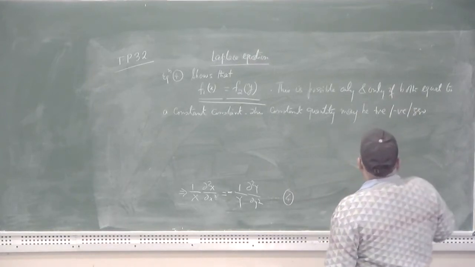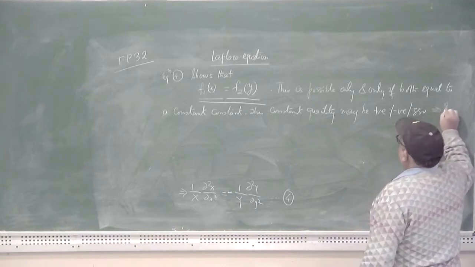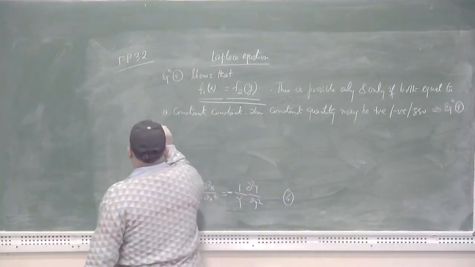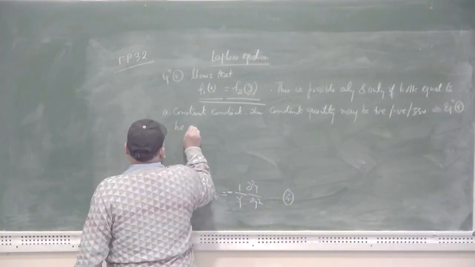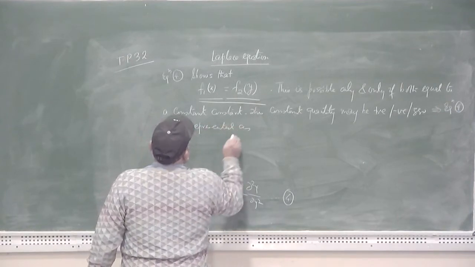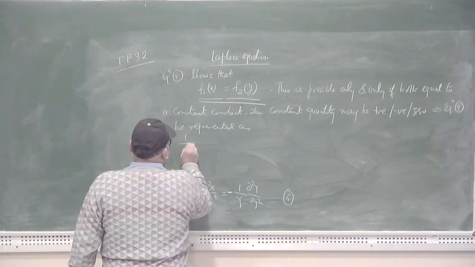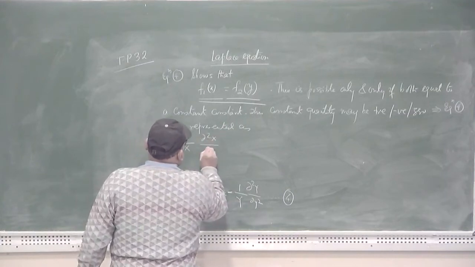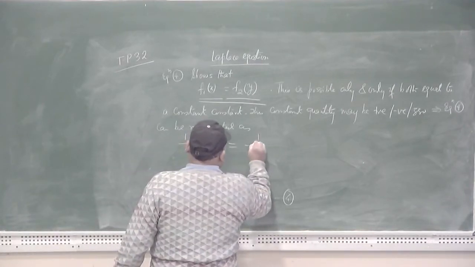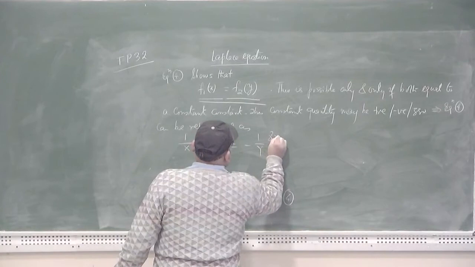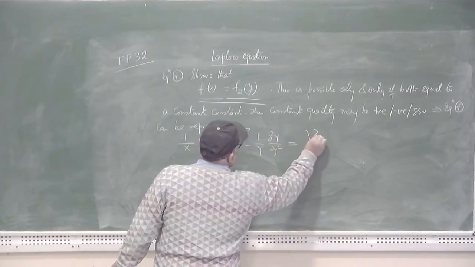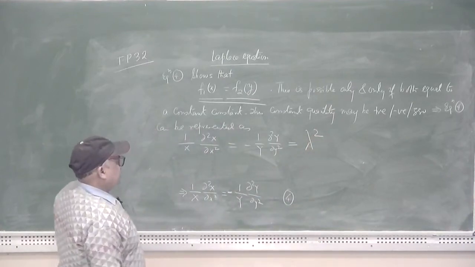Hence, equation number 4 can be represented as (1/X) d²X/dx² equal to minus (1/Y) d²Y/dy², which should be equal to a constant quantity, plus or minus lambda square.